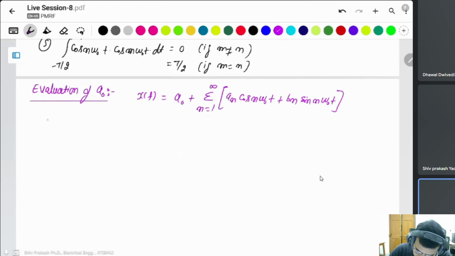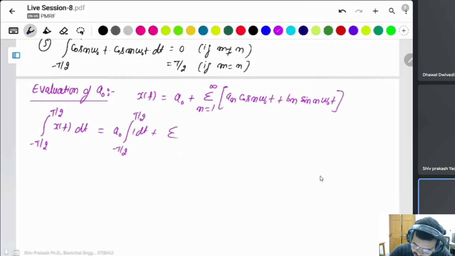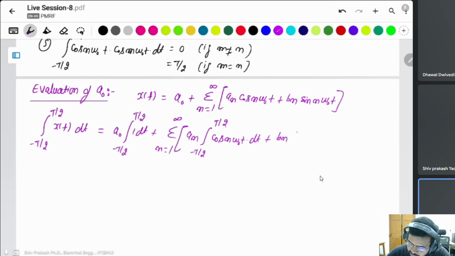Then integrate this for a time period. Plus summation of n equal to 1 to infinity, a n integration from minus T by 2 to T by 2 of cos n omega naught t dt, plus b n integration of minus T by 2 to T by 2 of sin n omega naught t dt.